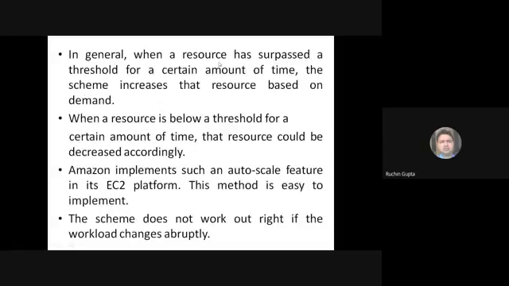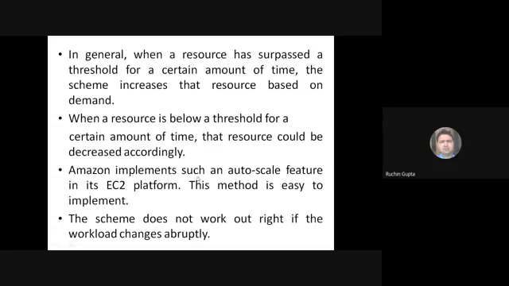In general, when a resource has surpassed the threshold for a certain amount of time, this demand driven method is going to add some resource based upon the demand. When the resource utilization is below the threshold value for a certain period of time, then the resources can be taken away from the cloud and deallocated.